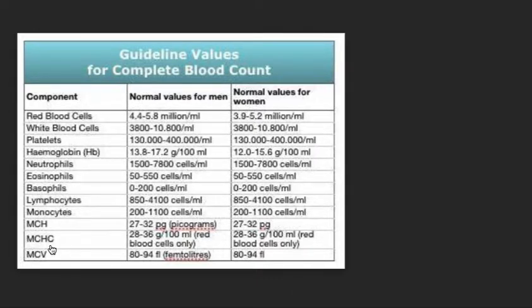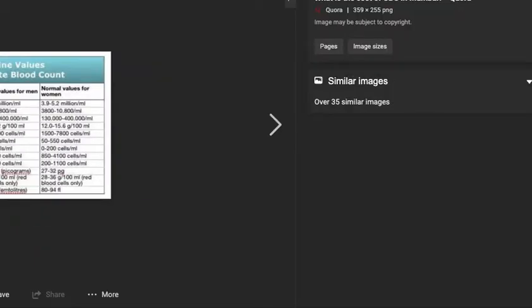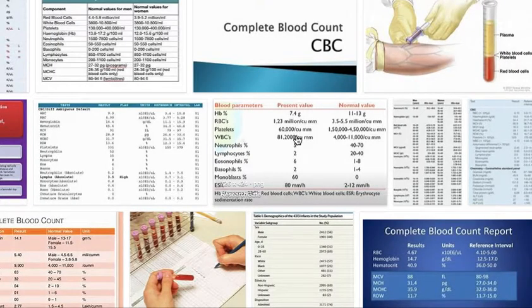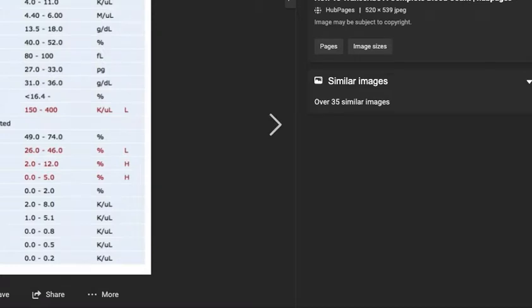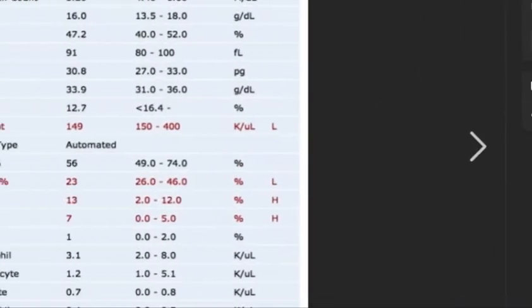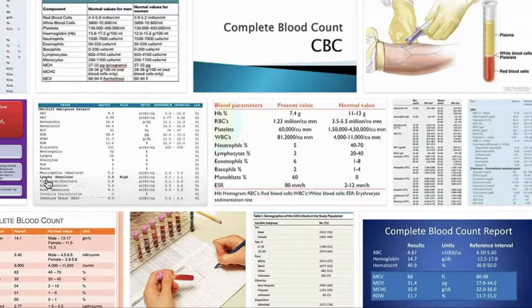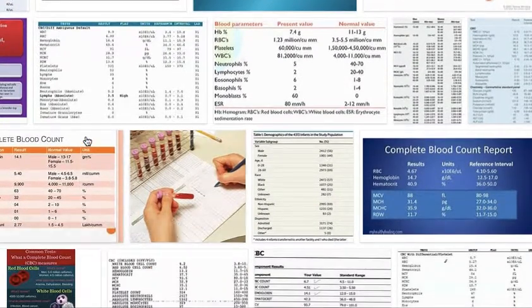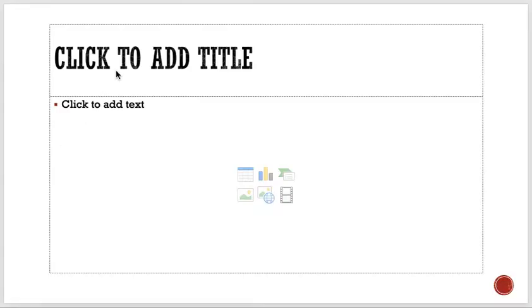These are the normal values they are showing. Again, the same values which we have already discussed. So there is something called packed cell volume.